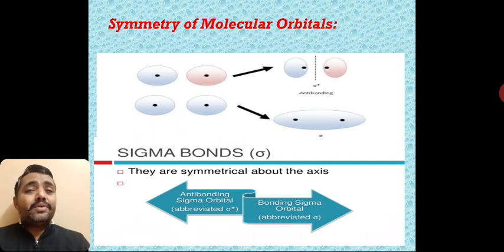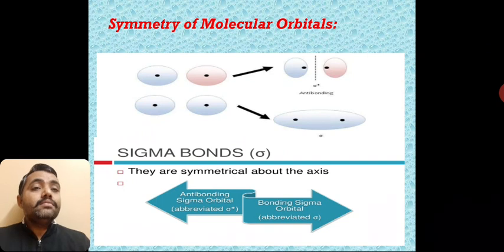Before that, we should discuss that atomic orbitals must have matching symmetry. Take a 1s orbital overlapping with a 1s orbital to form a sigma bonding molecular orbital, and a 1s orbital overlapping with a 1s orbital to form a sigma star anti-bonding molecular orbital.